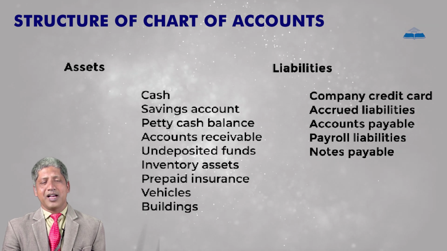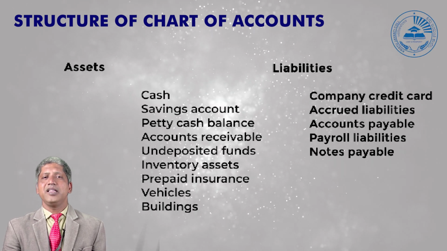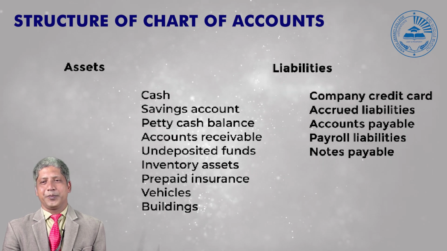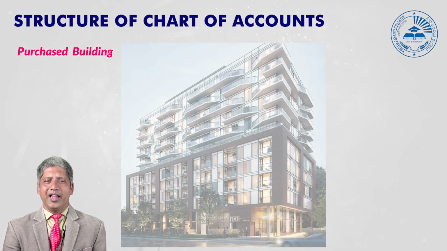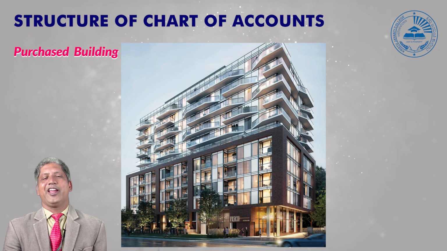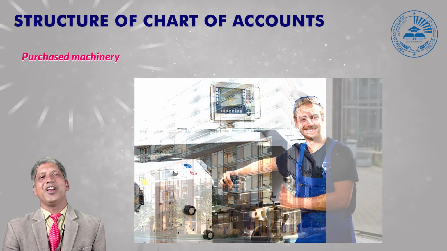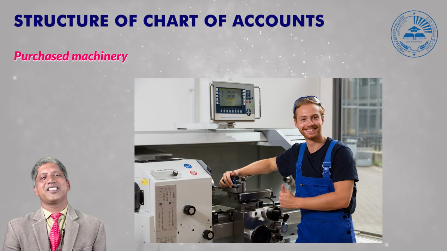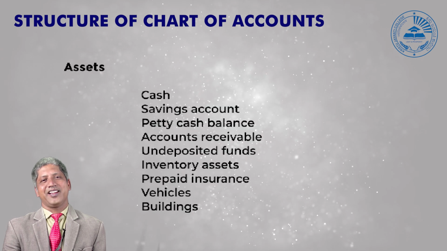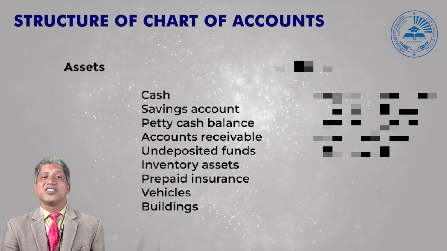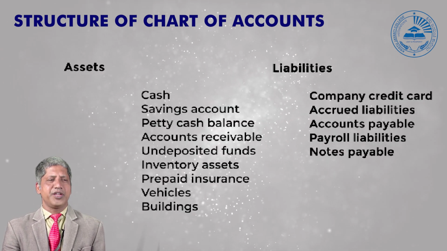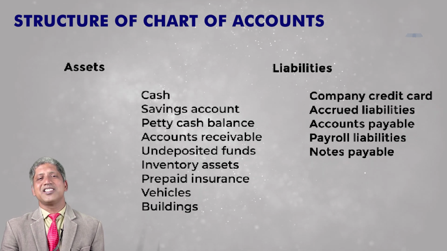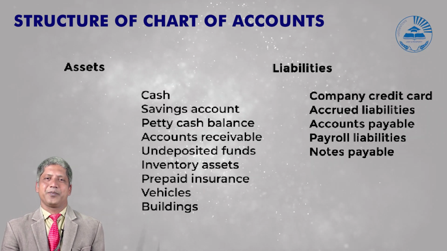When I say assets, assets is one category which is considered a main category. Under the assets, I have purchased a building, machinery, and some other manufacturing units. All these come under the subcategories of the chart of accounts listing. For every individual business it is different.